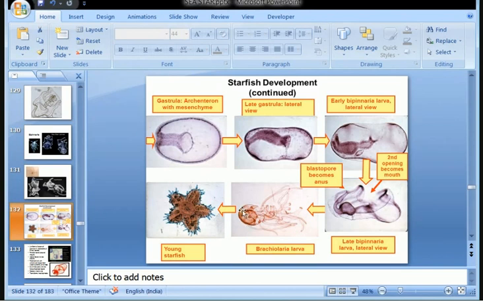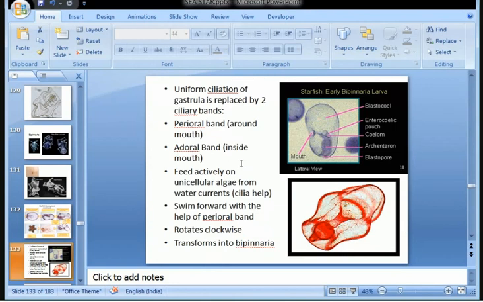And from this part, a young sea star develops, right? So this is the transformation from gastrula to the larva, to early larva, then late larva, then another larva, and then the young starfish. So let's continue with this.